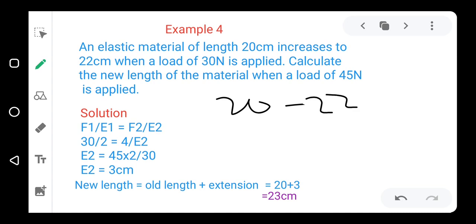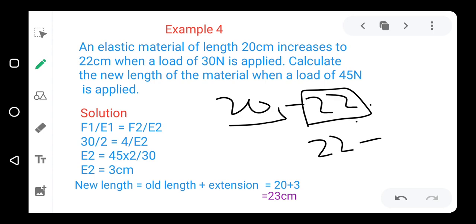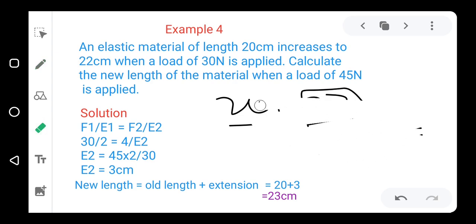Now that means that to get the extension, we say the increase in length, which is the new length, 22, minus the old length, which is 20. So we have 22 minus 20, and that gives us 2 cm. So what we have as an extension is 2 cm, and it is this 2 cm that we are using to solve this problem.